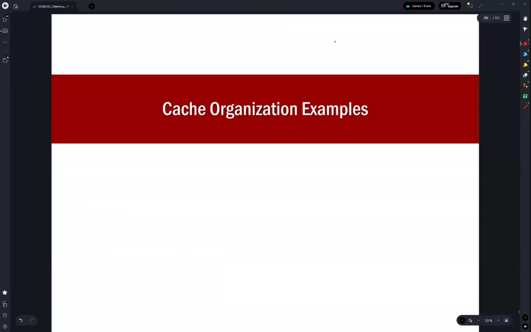So we learned about virtual memory. Okay, so you need to understand the concept of virtual memory, and then we also learned about the page table and TLB. So we also need to understand how the page table and TLB work within a CPU.